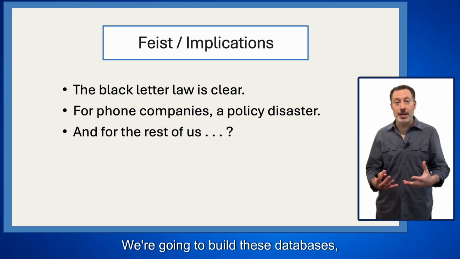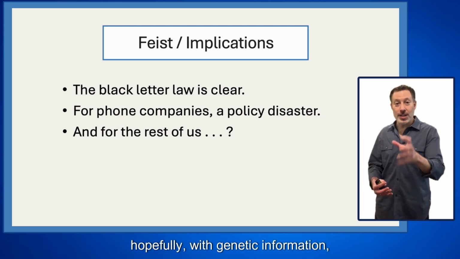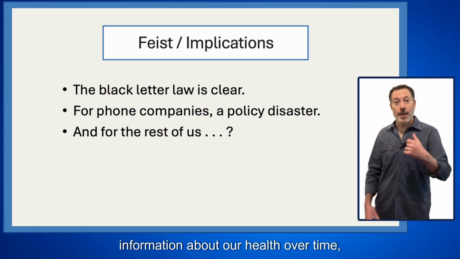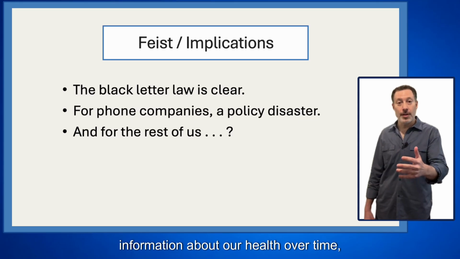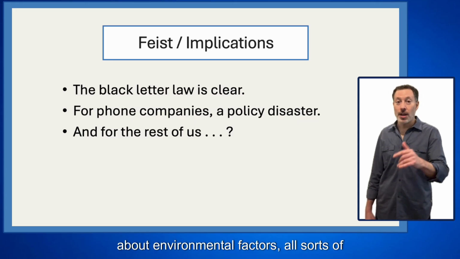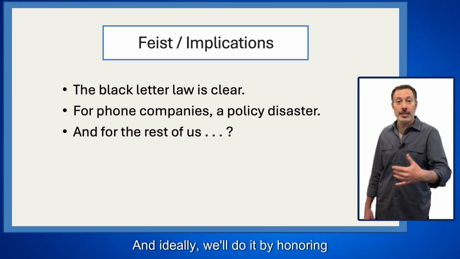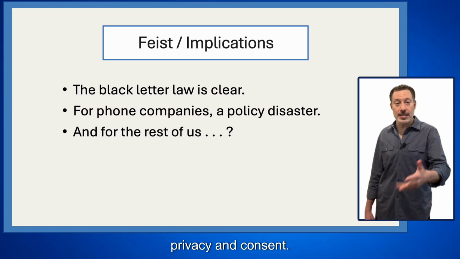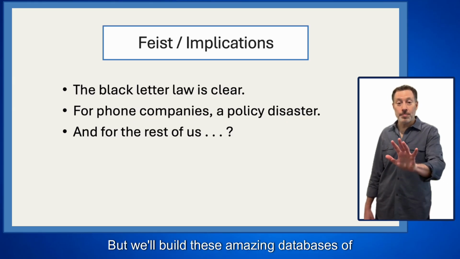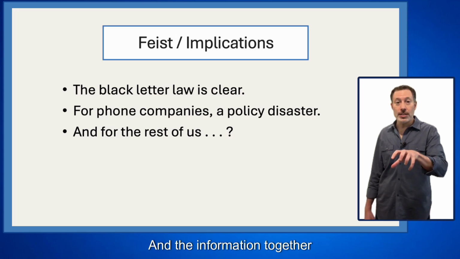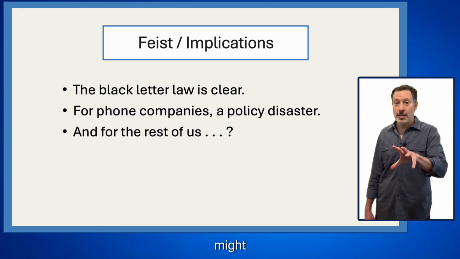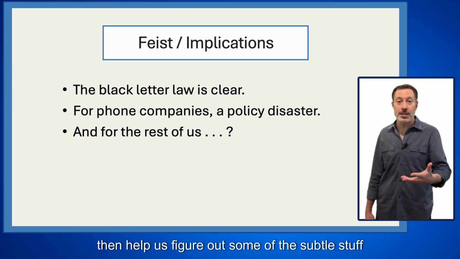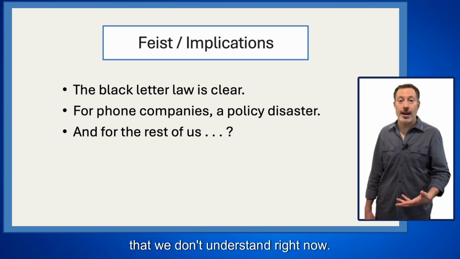We're going to build these databases, hopefully, with genetic information about our health over time, about environmental factors, all sorts of things. And ideally we'll do it by honoring privacy and consent. Yeah, sure. But we'll build these amazing databases of information, and the information together might then help us figure out some of the subtle stuff that we don't understand right now.